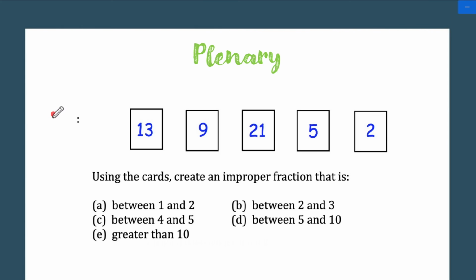Pause the video and try to play with these numbers so you can find a few answers. I think there's more than one correct answer for each one of those versions. I'm not sure. I will give you the answers in a few seconds.